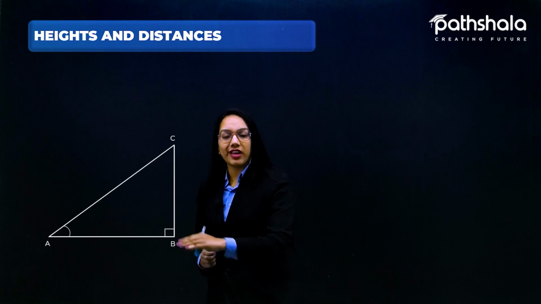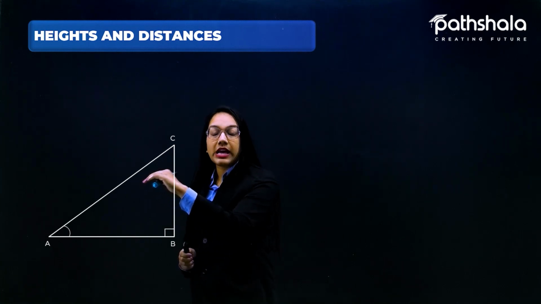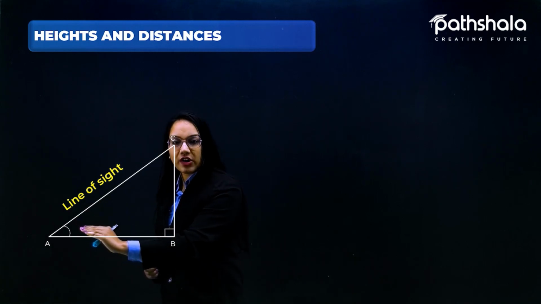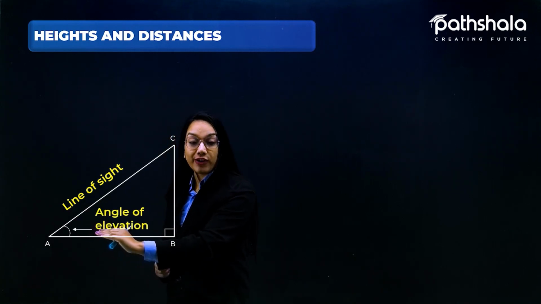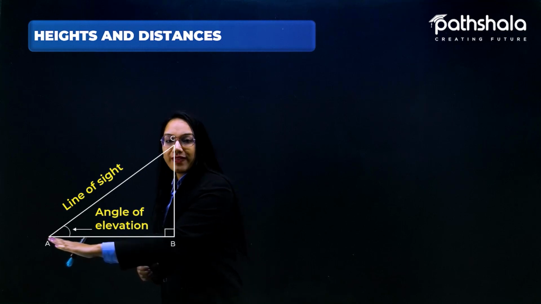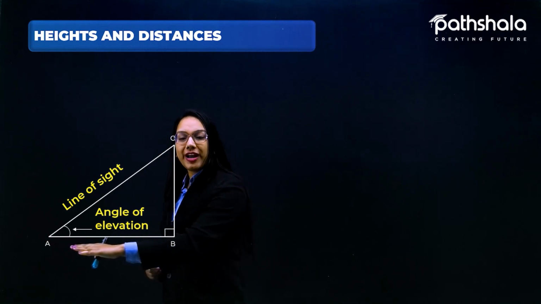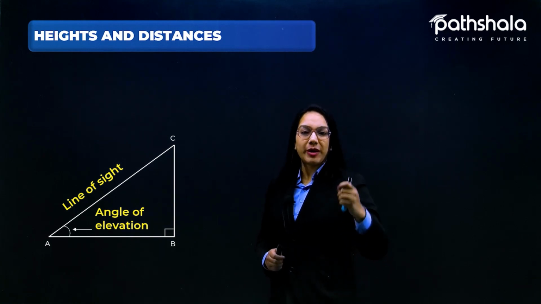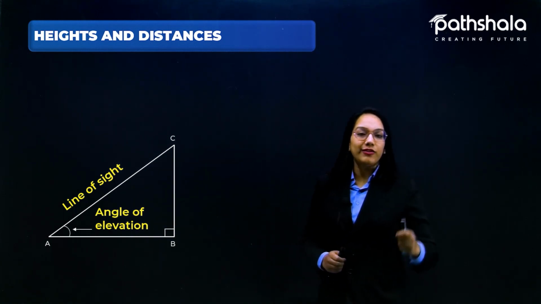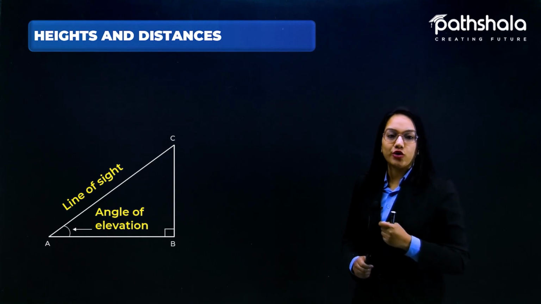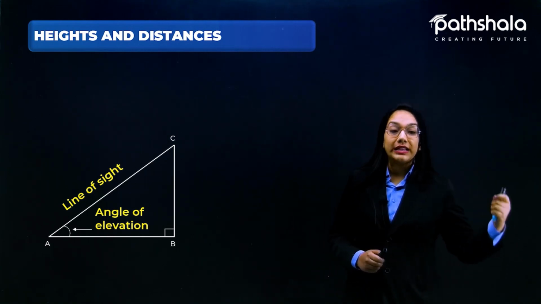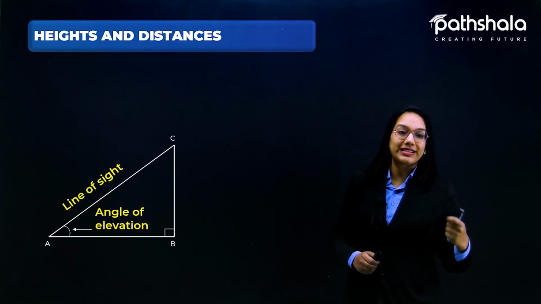AC is the line of sight, and the angle formed here is called the angle of elevation, made with the horizontal line. Using this angle of elevation, we will sort out the questions related to heights and distances.